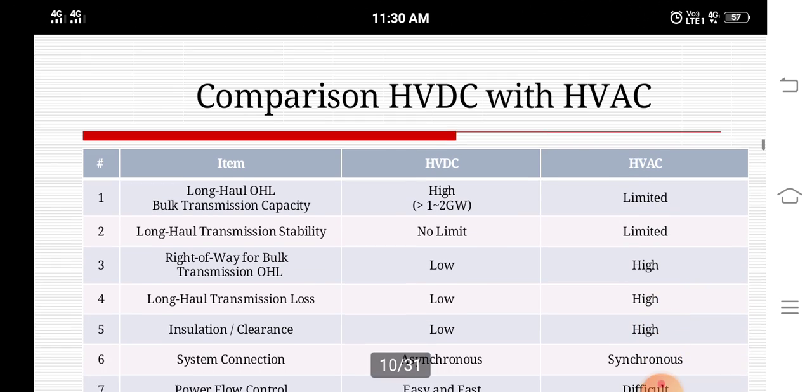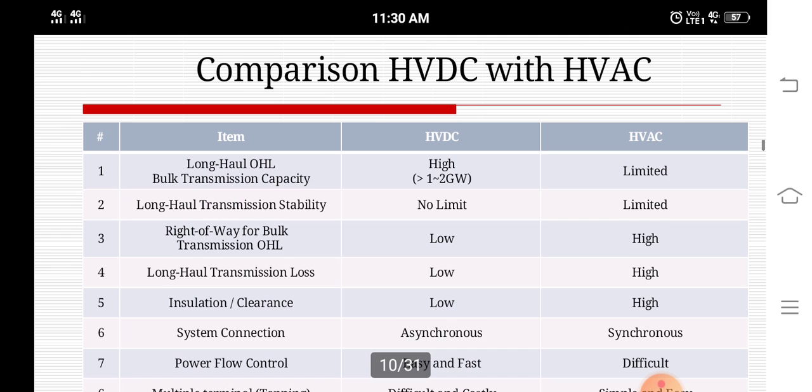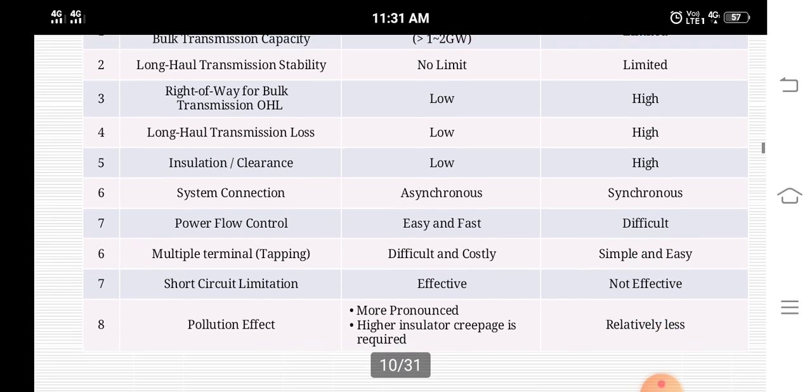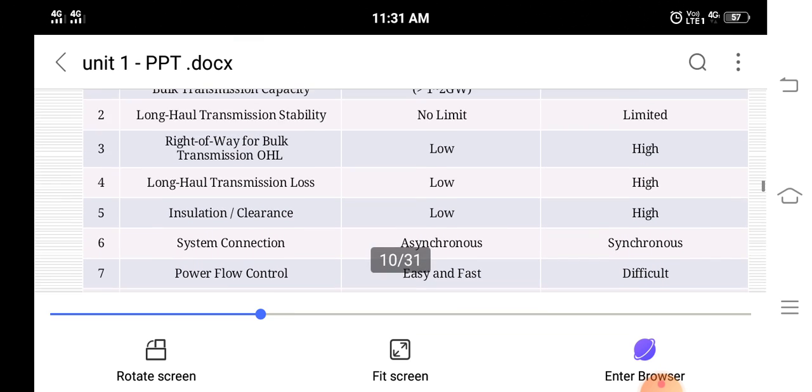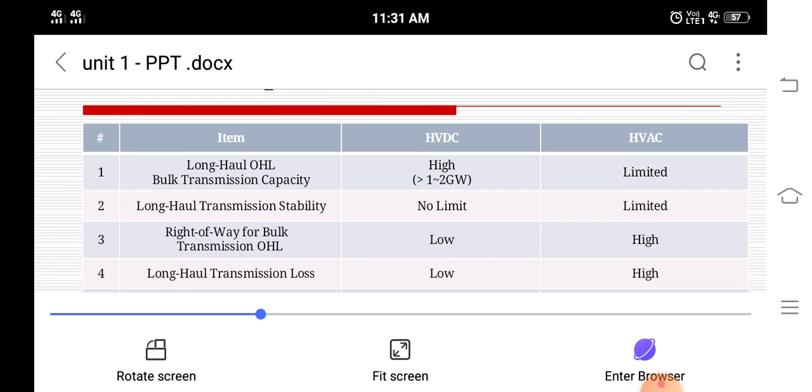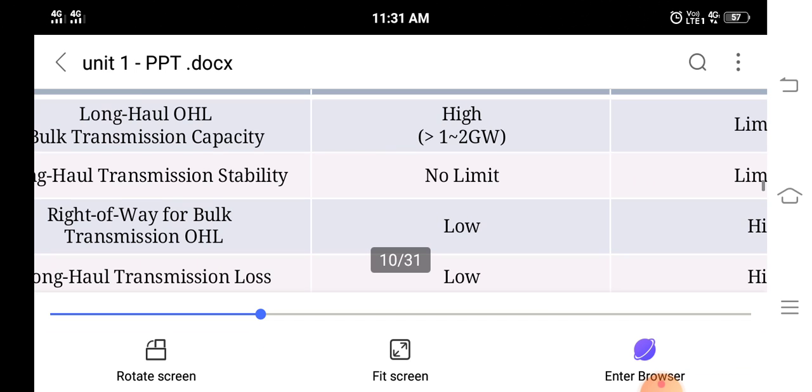Yes, we saw some comparison in yesterday's class, but we have to recall this comparison of HVDC with HVAC. Many items can be compared here. Those items are shown in this table.